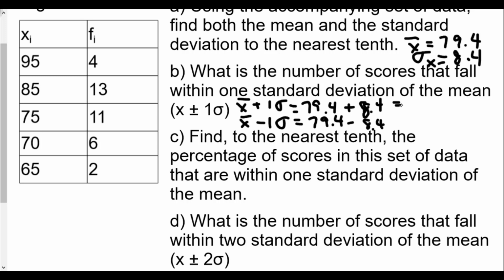The lower end, 79.4 minus 8.4, will be 71. And the higher end, 79.4 plus 8.4, is 87.8.